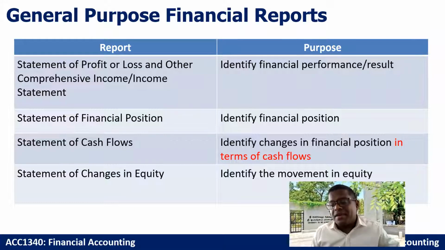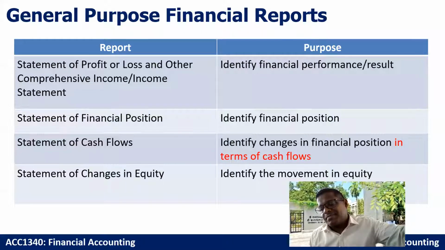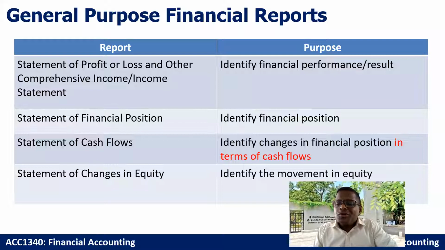You can't inflate the cash because cash is in your account balance, current account, FD, whatever, treasury bills. So the possibility of manipulating is very, very rare. I would say almost zero.